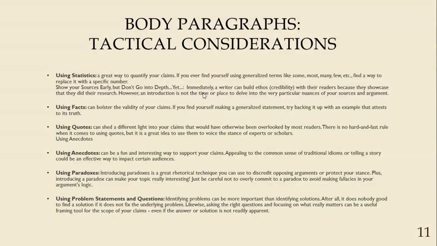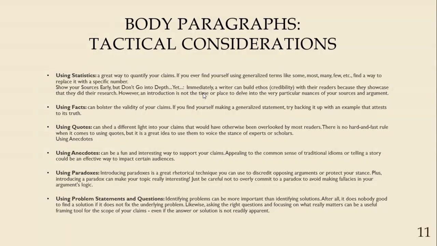You could say 430,000 people die each year from cancer related to smoking cigarettes, something along those lines. It's a good way to show that you've done your research. It's a good way to add more substance and detail to your argument, just as all of these will.